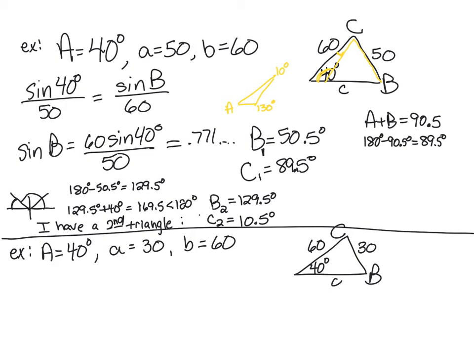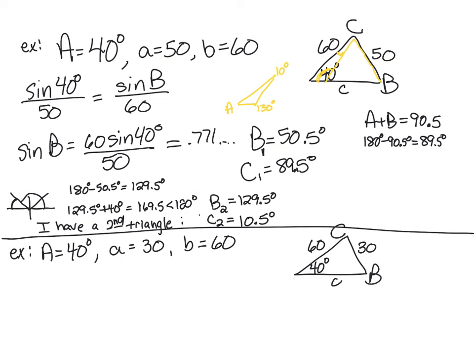Now, next example. We have 40, and now notice that I changed the length of this opposite side to 30. So you'd start it the way you know. You have an angle and an opposite side. You have a side, you can find the opposite angle.